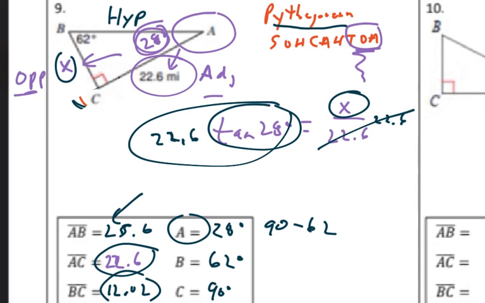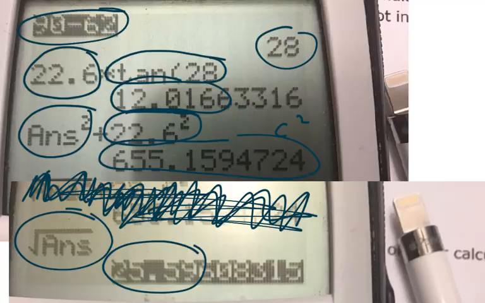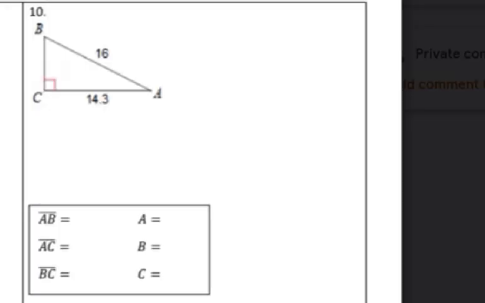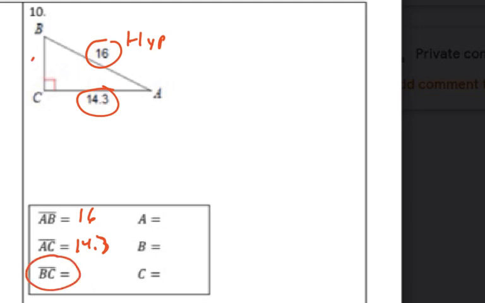All right, you gave me one more of these type, number 10 here. So we're going to approach it the same way. It's going to be a little different because we have different information. But notice we know that AC is 14.3, and they gave us the hypotenuse, AB is 16. So how can I find the third missing side over here? I'm going to call it little x, but you can call it just BC.